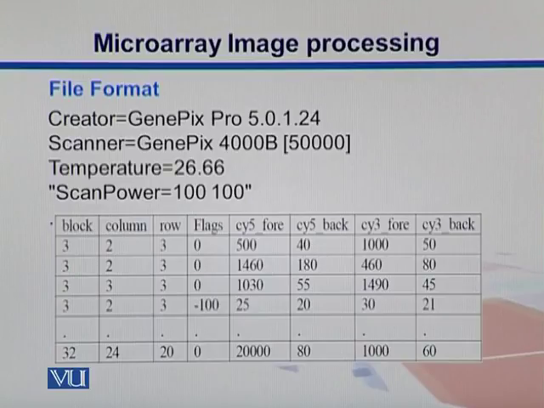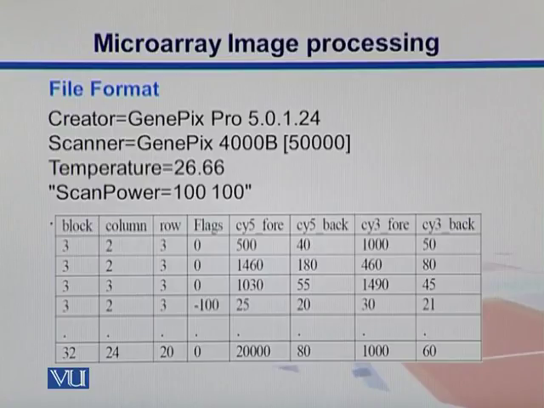If you look at Cy3, the foreground signal is 1000, whereas the background is 50. If you look at this bad feature with a flag of -100, the foreground is 25 and the background is 20. Again, Cy3 foreground is 30 versus 21, so it's a bad feature. The rest look fine, where the flags are all 0. This is how it returns the files.